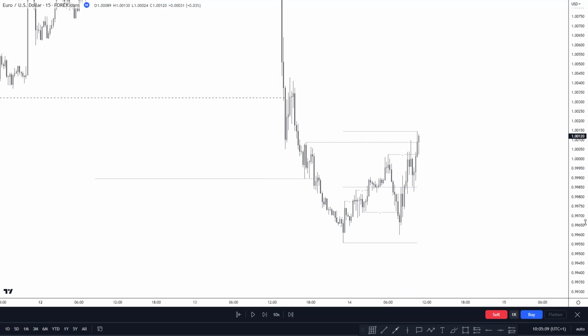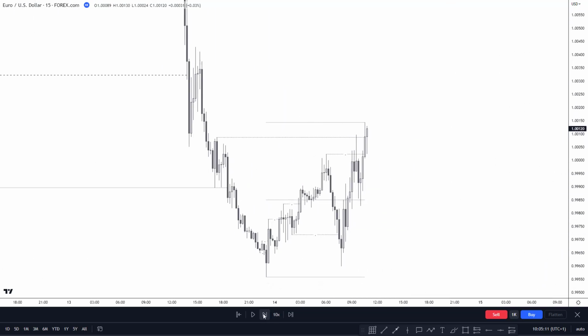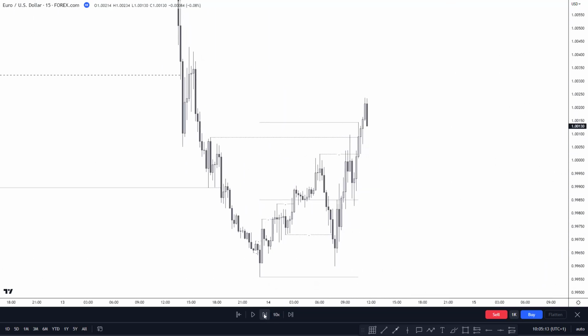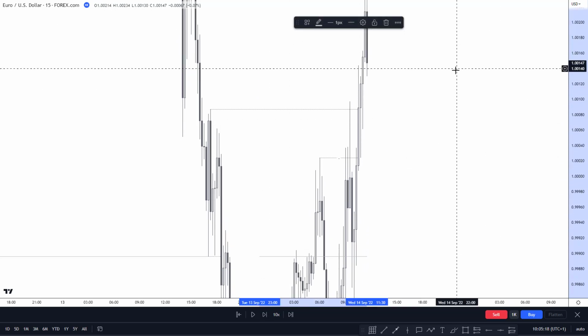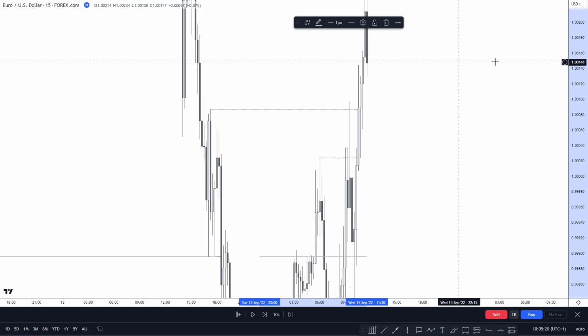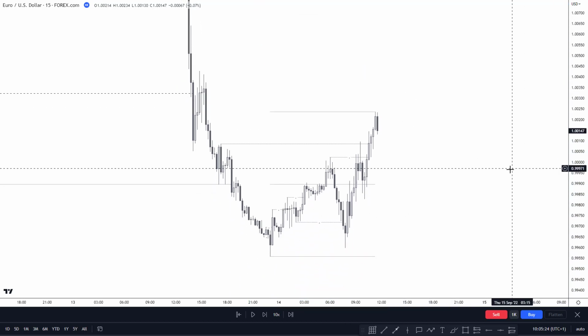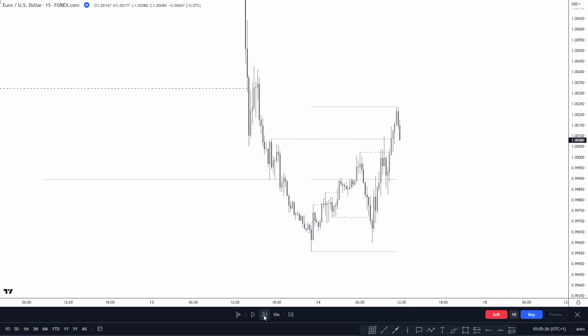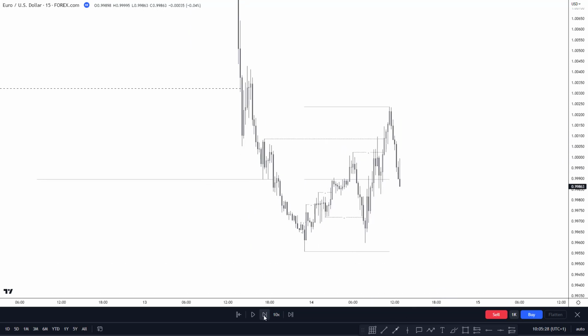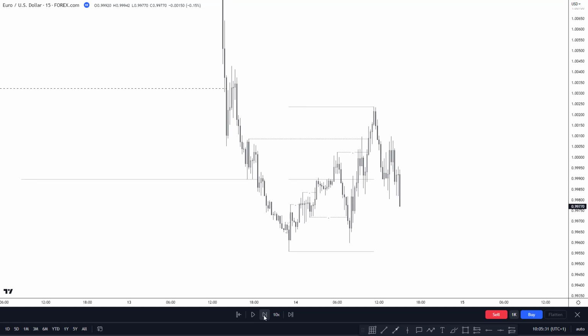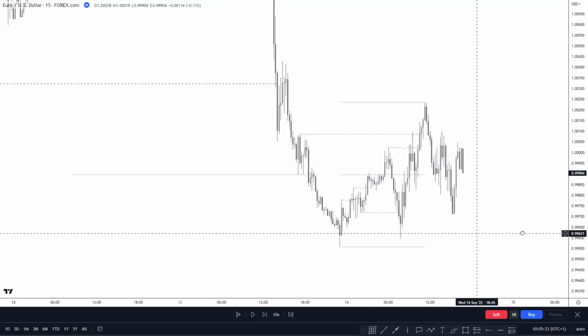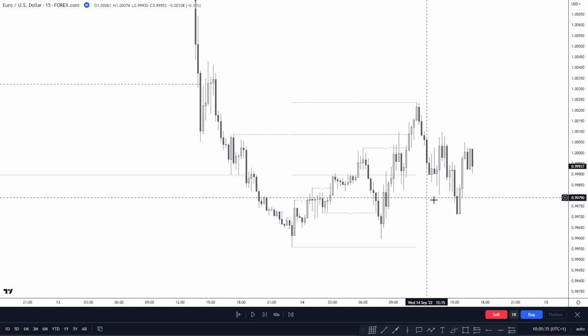So if we're looking at crossover zones, but that's a whole different topic. So we have, is that cemented? Yes, just about. This is our minor range. So you can see we're getting reactions from this discount. Will they hold?